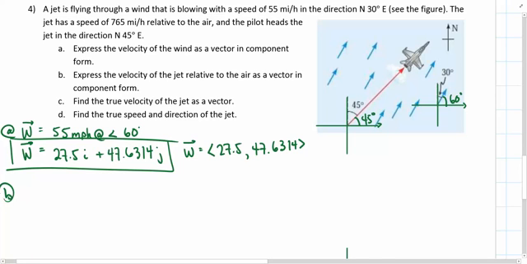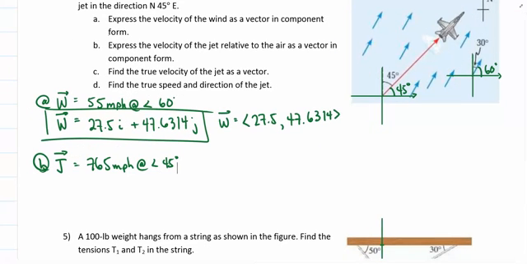Let's do the same for the J vector for the jet. This jet is traveling at 765 miles per hour at an angle of 45 degrees. So use your calculators now to find out what the component vector would look like.